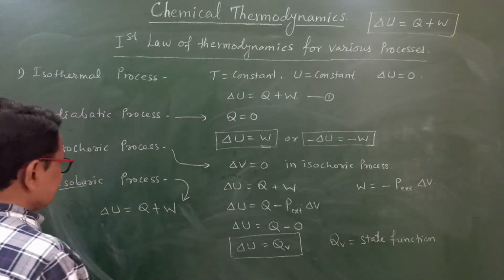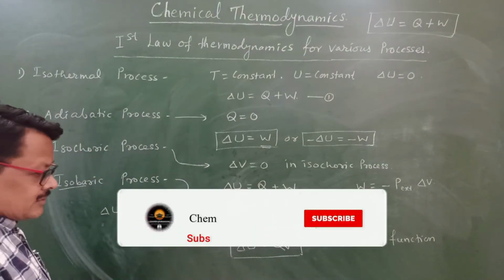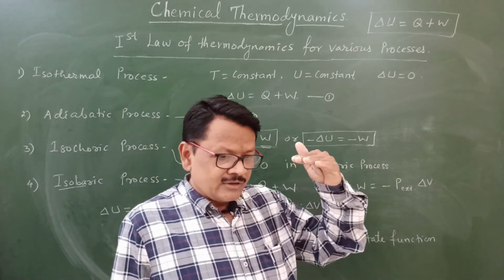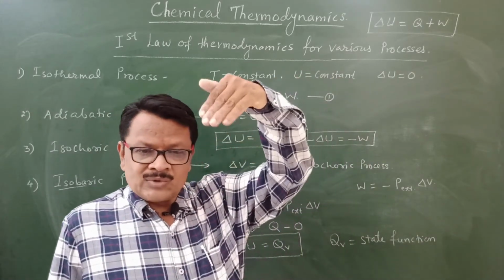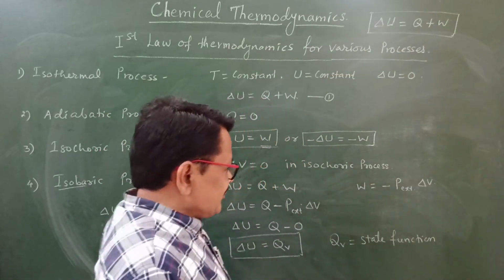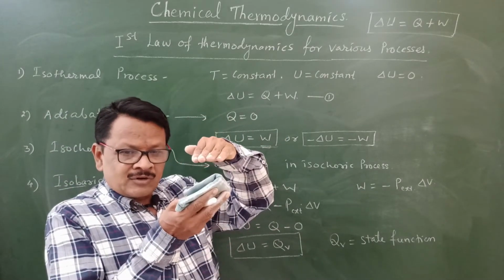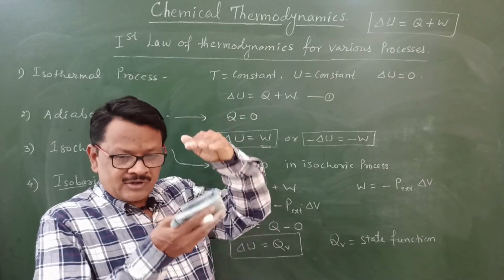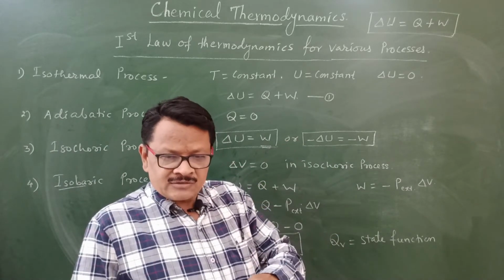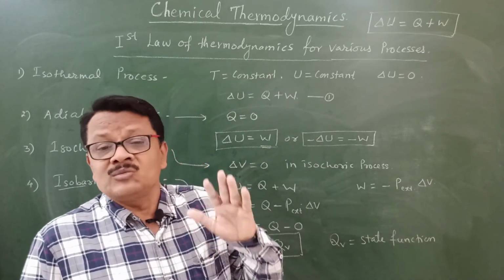Here in isobaric process, pressure remains constant, meaning work of expansion or work of contraction always takes place against a constant external pressure applied on the piston, and this is generally the atmospheric pressure. At constant external pressure applied on the piston from the external side, work of contraction and work of expansion may take place. If work of contraction takes place, the piston will be pushed in the downward direction, and when work of expansion takes place, the piston will move in the upward direction, meaning volume gets changed.